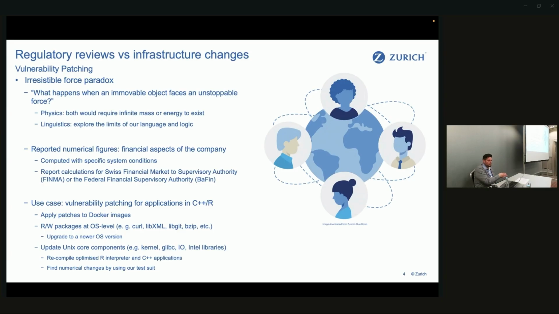And on the other hand, you can call it an immovable object or unstoppable force, is our regulators. The ones we were mentioning, our regulators are mostly FINMA and BaFin. Our regulators are very, very important. We serve them. As a financial institution, we cannot just exist without being regulated.